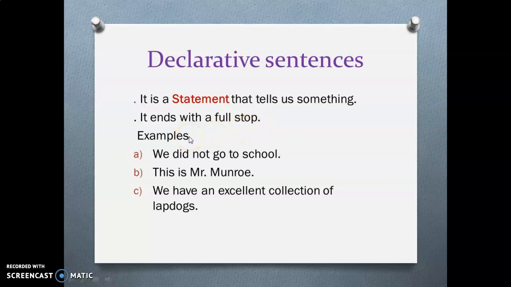For example, we did not go to school. Full stop. This is Mr. Monroe. Full stop. We have an excellent collection of lapdogs. Full stop. All these are examples of declarative statements.